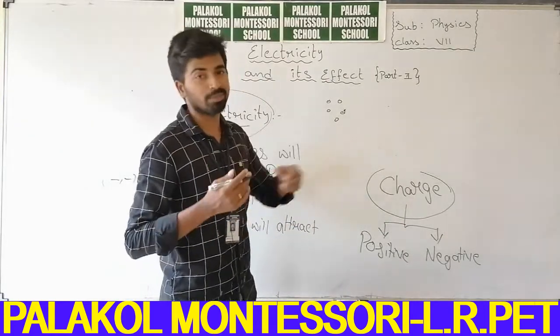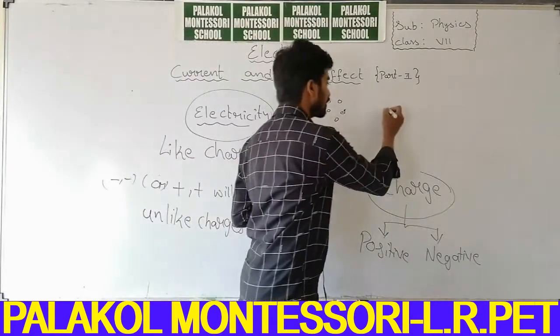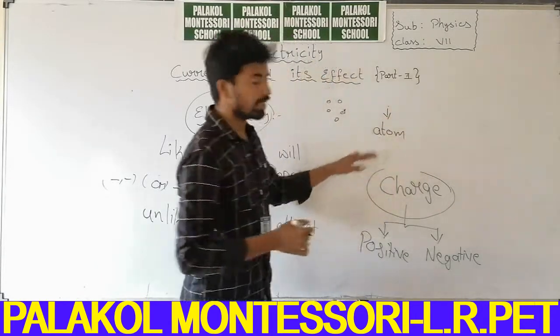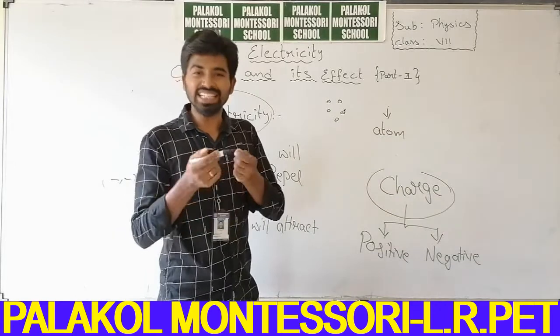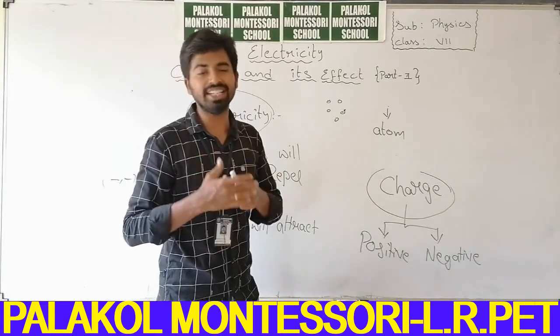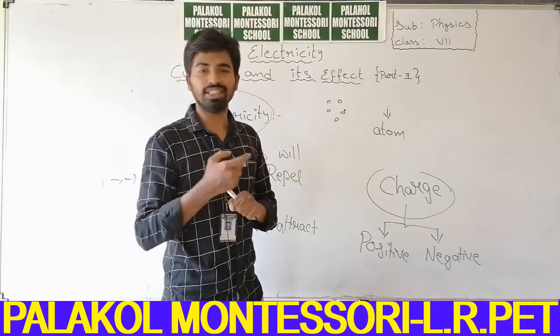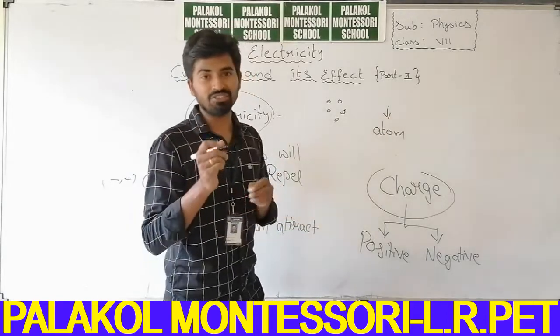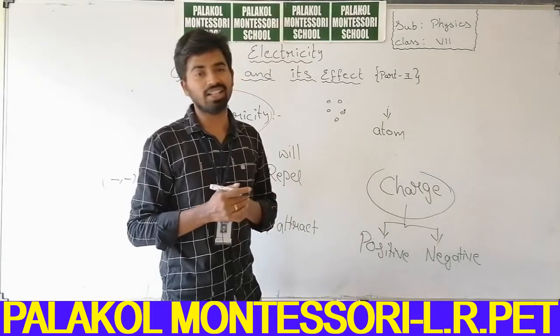We call this an atom. What do you mean by atom? It is an indivisible particle. We cannot divide it any further. The particle which cannot be divided further is called an atom.